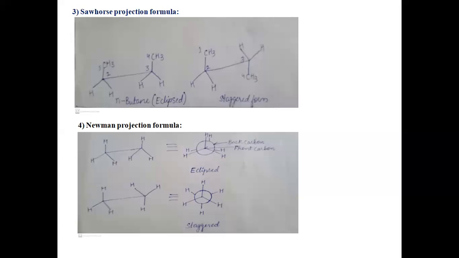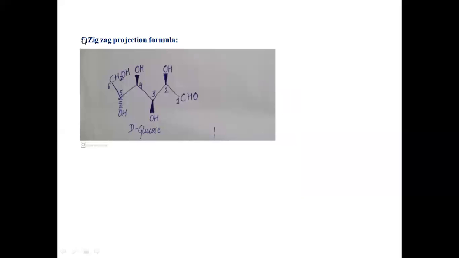Next, the last type of projection formula we have is the zigzag projection formula. Here we use it to represent compounds which contain two or more chiral centers, that is, two or more chiral carbon atoms.